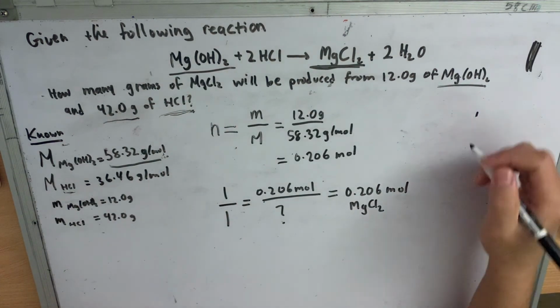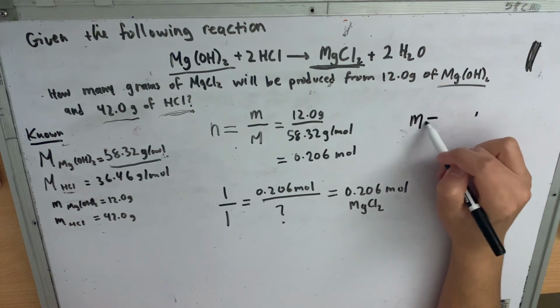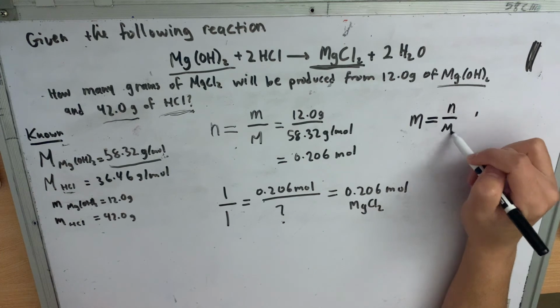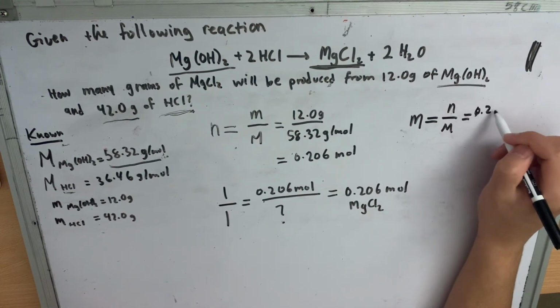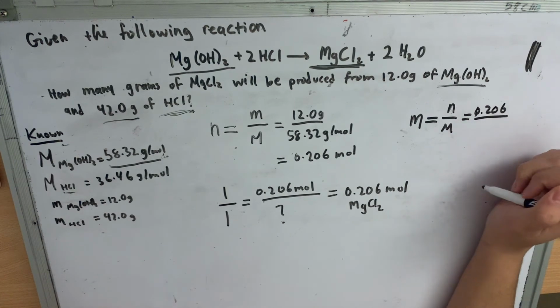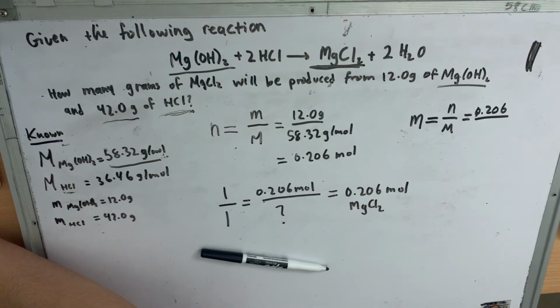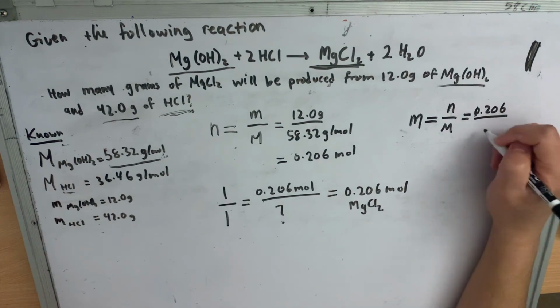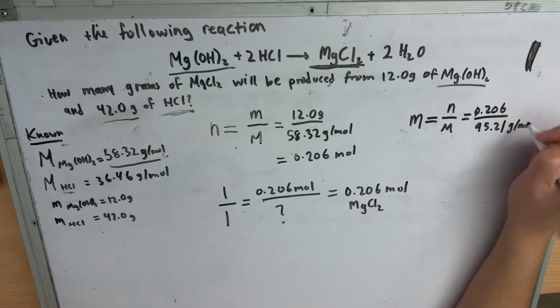So now we have the moles of MgCl2. Let's find the mass. The mass is moles times molar mass, as we know. So 0.206 moles times the molar mass of MgCl2, which is, one second, let me look at my periodic table, 95.21 grams per mole.